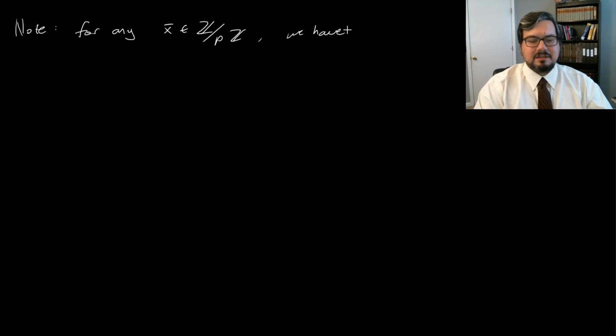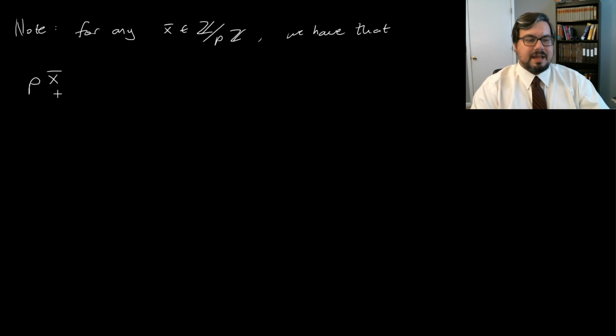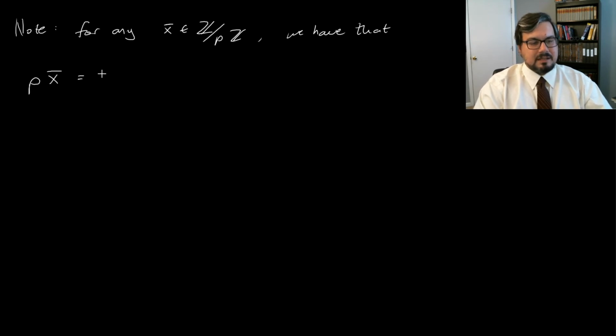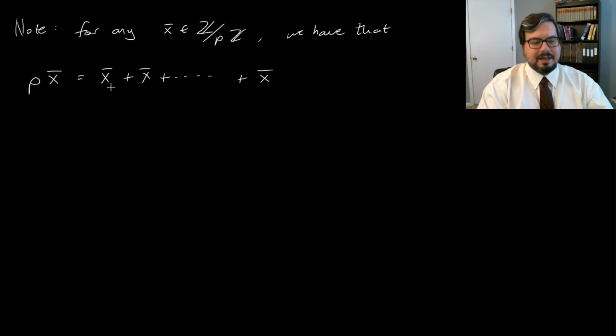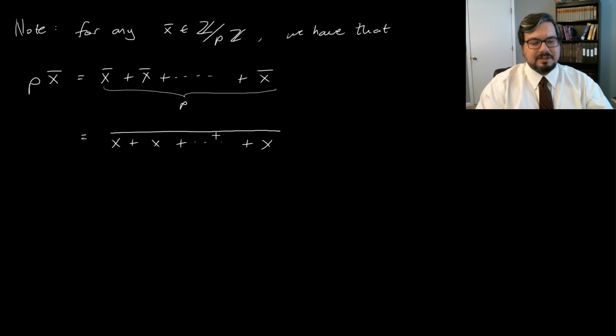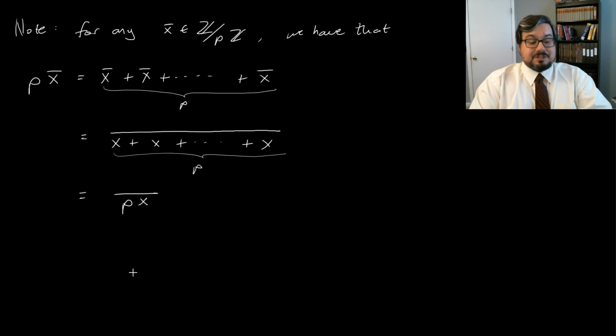We have that p times x bar, where p is the prime number here, is equal, by definition, to x bar plus x bar, and so on, plus x bar, where we've got p copies of x bar. And we add things up modulo p by adding them up first and then taking their equivalence class modulo p. And then this turns out to be the equivalence class of the number px.